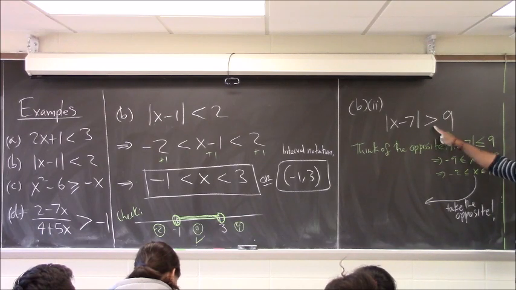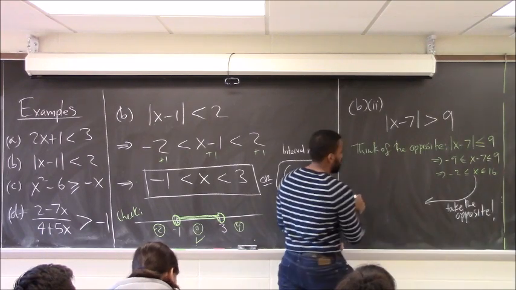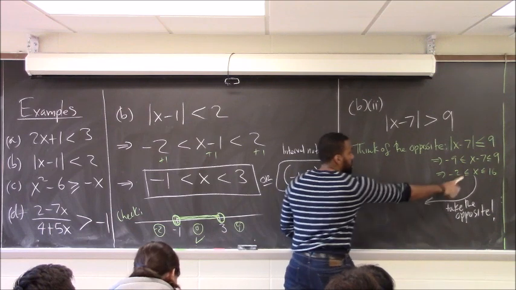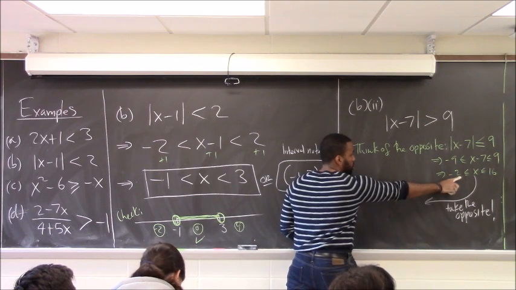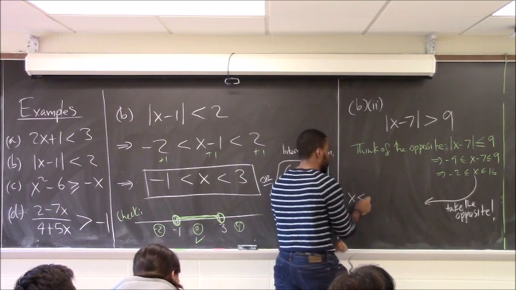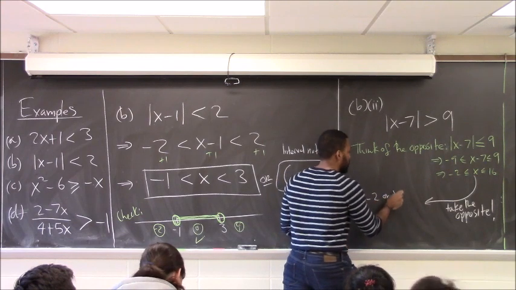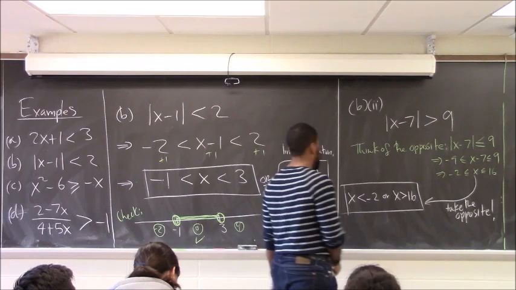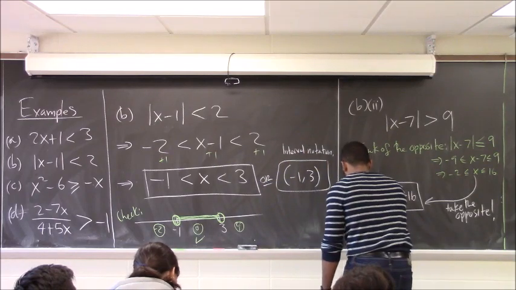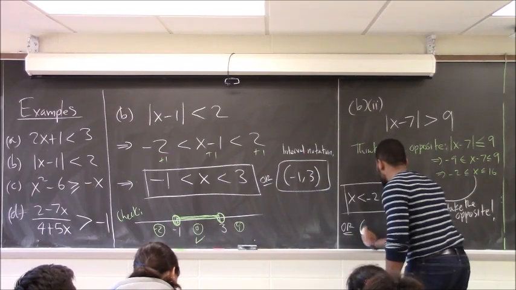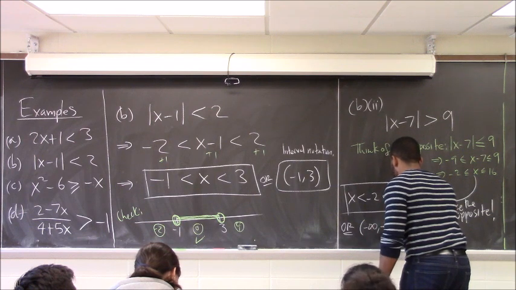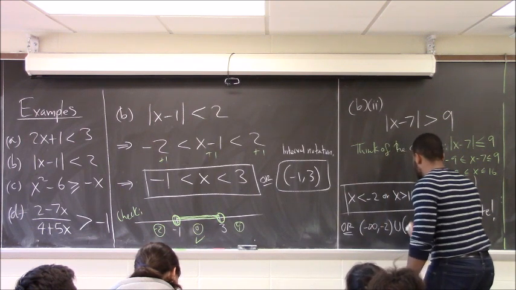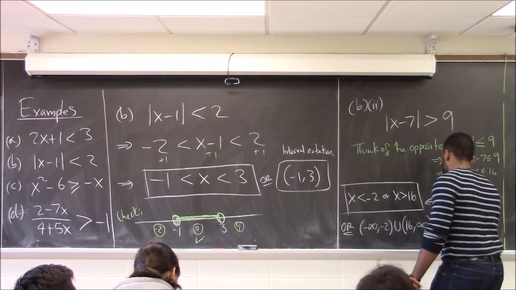Because I don't have that, I have this, which means either my x is going to be, it says here that it must be greater than or equal to minus 2, which means it should be less than minus 2, or your x is going to be greater than 16, and that's going to be that. Or, in interval notation, you would say minus infinity to minus 2 union 16 to infinity.